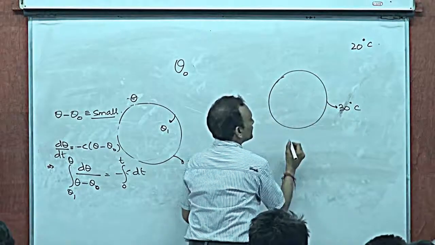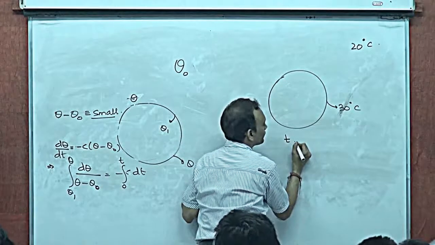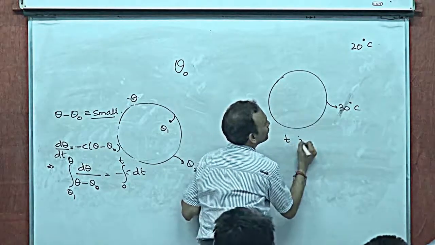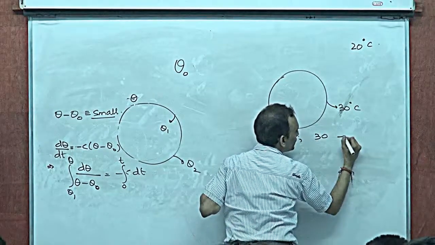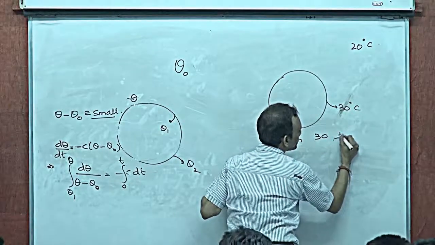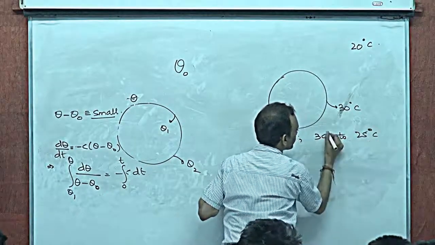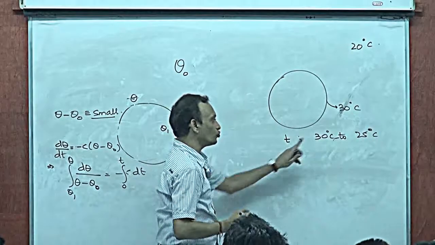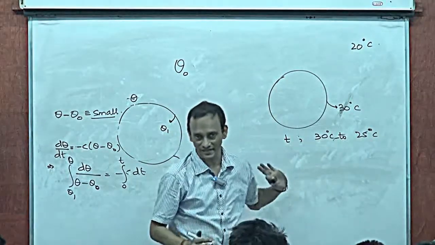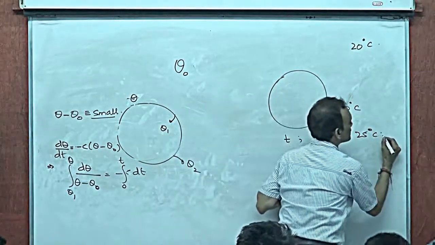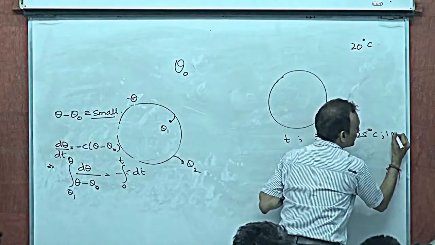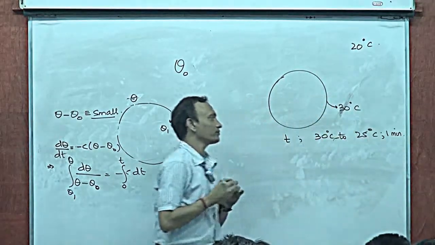The time it takes for this body to cool from 30 degrees to 25 degrees centigrade is, say, 1 minute.